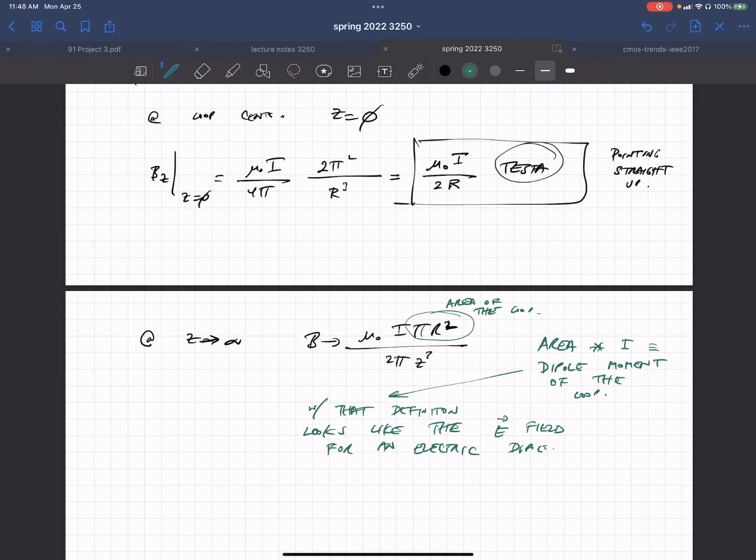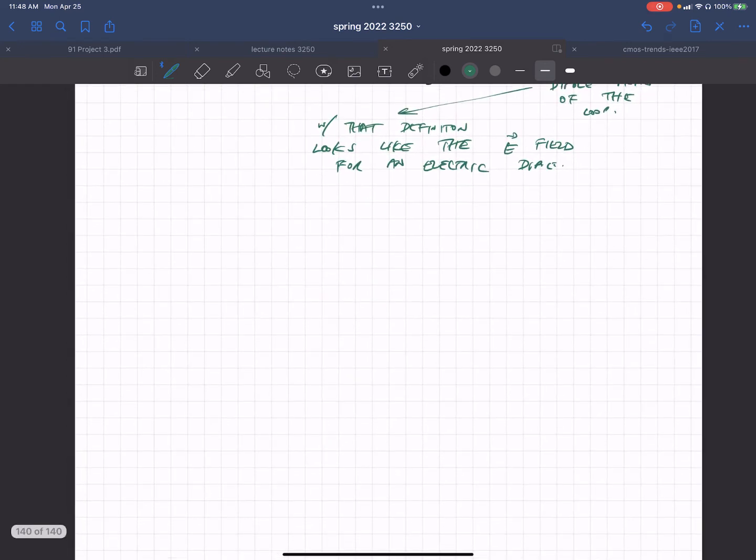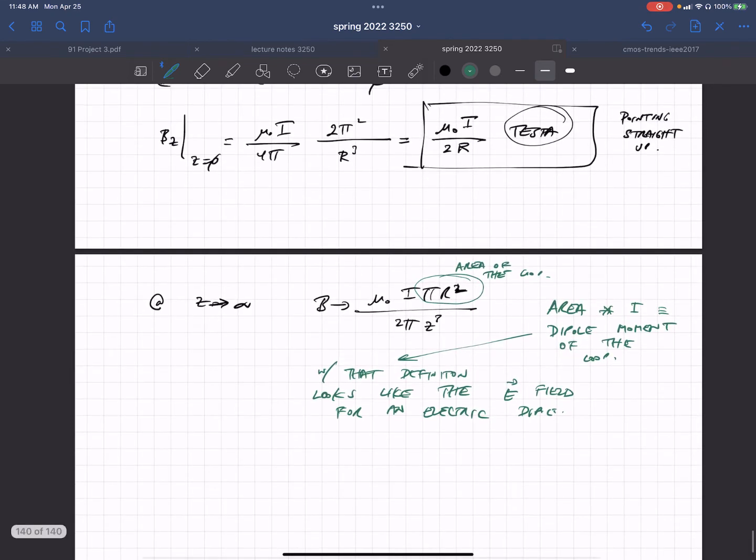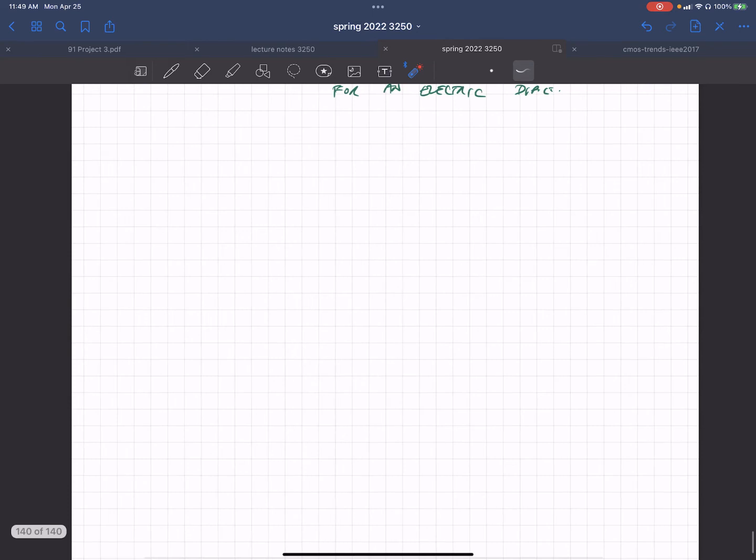But otherwise, the fields from a dipole look very much the same, except the dipole moments are obviously different, and these constants.